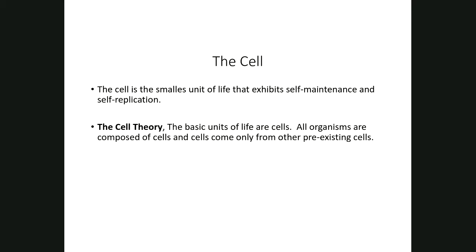There's nothing smaller than a cell or less complex than a cell that can be considered to be living. All right, and they exhibit self-maintenance and self-replication. So they maintain their systems and they're able to reproduce on their own without the aid of any other cell.